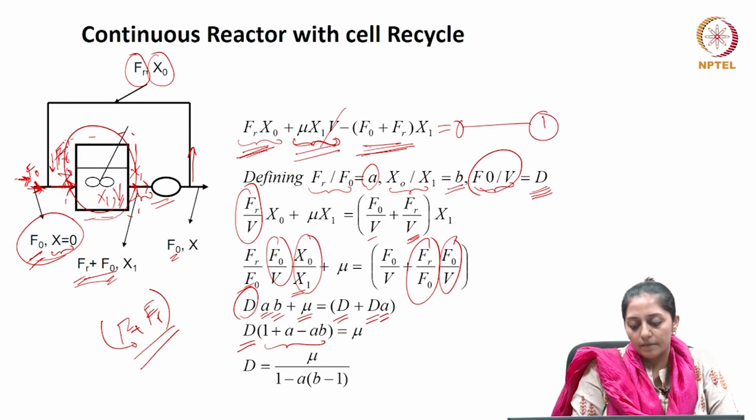Inside we will have 1 plus A minus AB as the fractions, and on one side only the specific growth rate term remains.